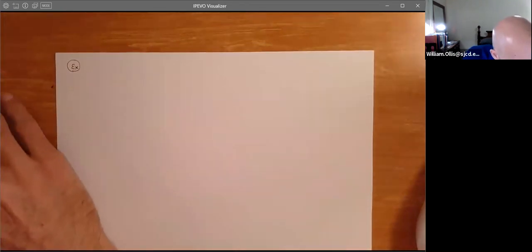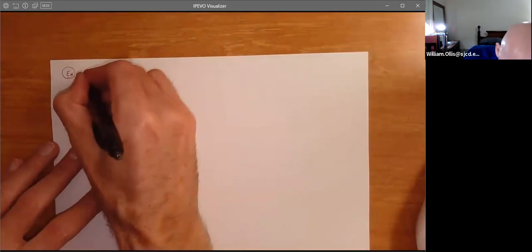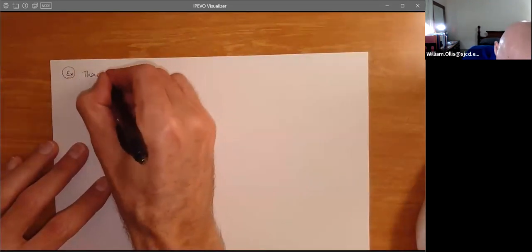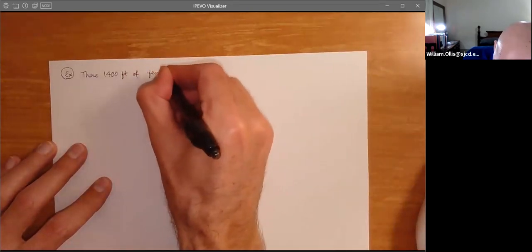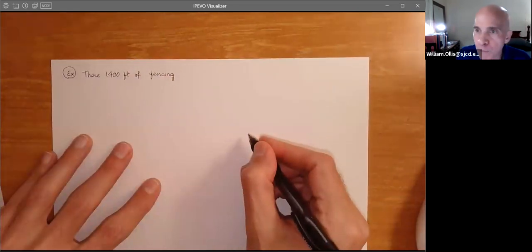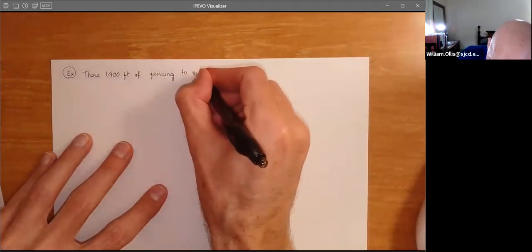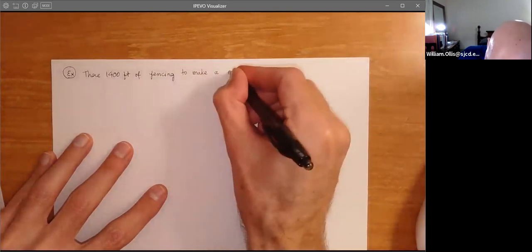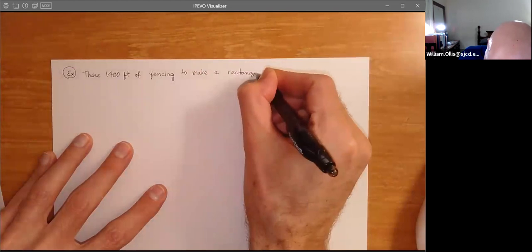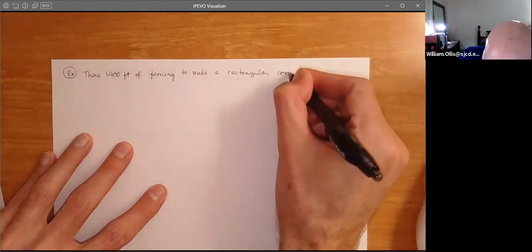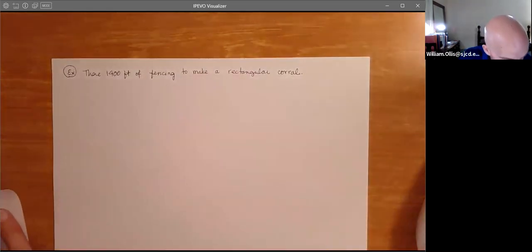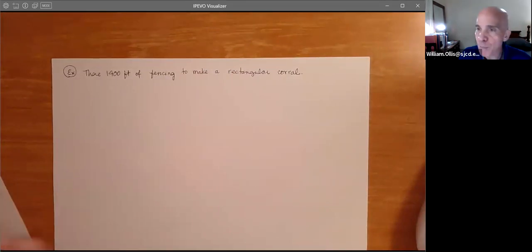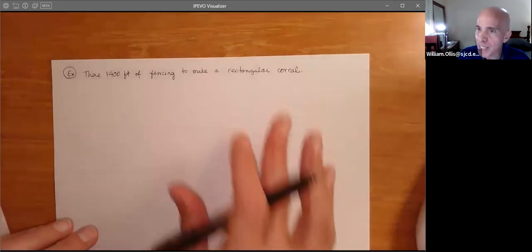So in this case, there is 1,400 feet of fencing, 1,400 feet of fencing to make a rectangular corral. So this is really a simple problem. And here's how it goes. It says, find the dimensions of the rectangle that maximize the area of the corral. That's all we need to solve this problem.